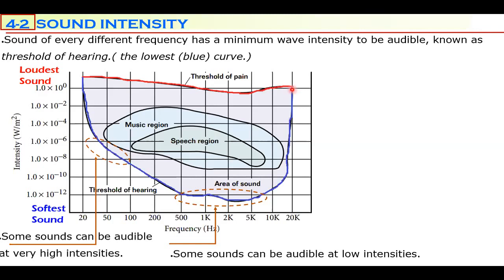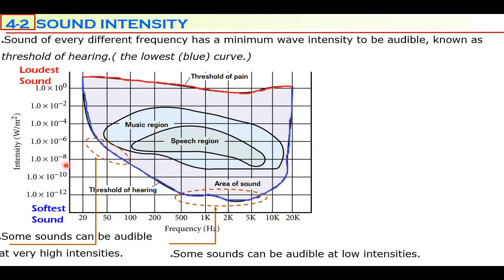For example, a 200 hertz sound is audible to the human ear at an intensity of 10 to the power of negative 10. A sound with a frequency of 100 hertz is audible at an intensity closer to 10 to the power of negative 8, almost 10 to the power of negative 7, you can say, pardon, 9.